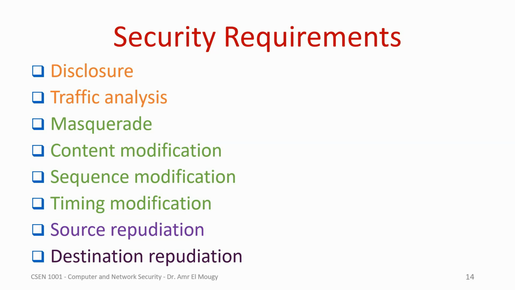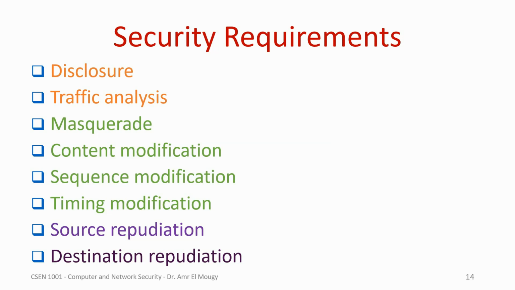Traffic analysis can reveal a lot of information that can be just as disruptive as information disclosure itself. The first two security requirements, disclosure and traffic analysis, are dealt with using some form of encryption.